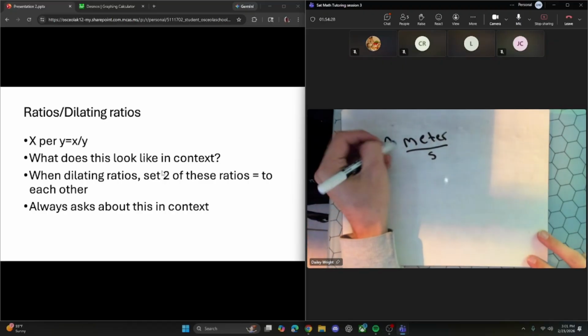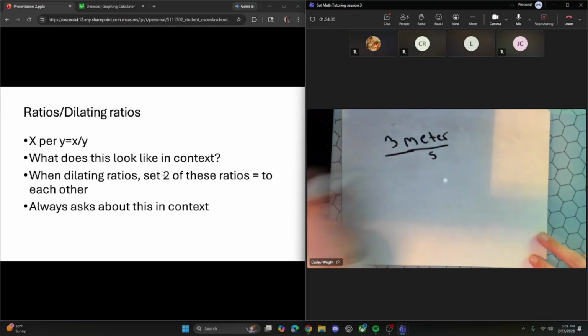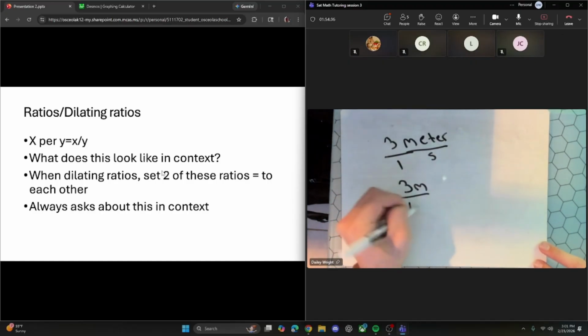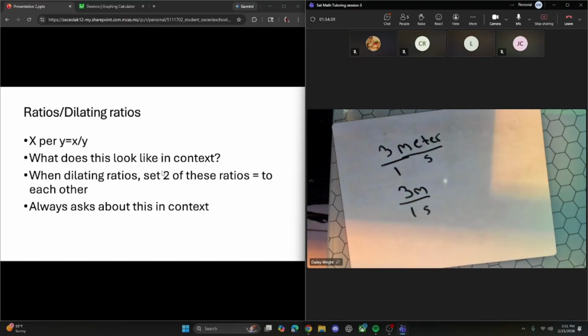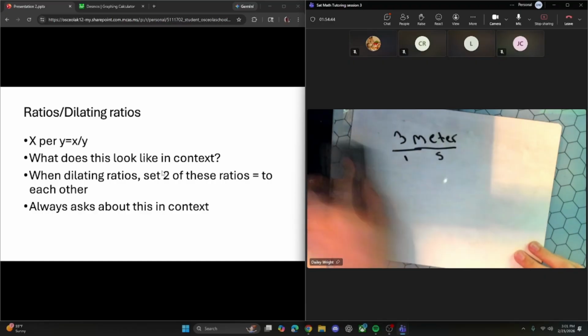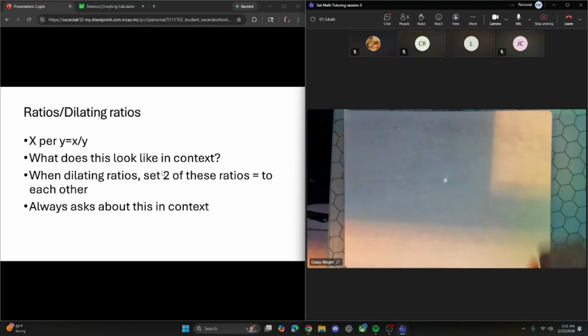So if we had 3 meters per second, it would just be 3 over 1. That's your ratio every meter per second. It'd just be 3 over 1. So x per y is literally x over y. We did that a little bit in the last piece.